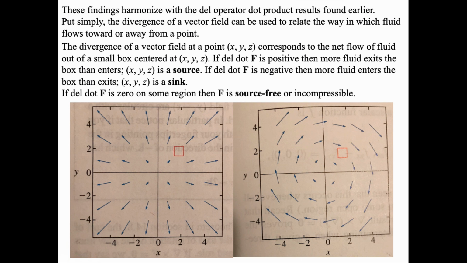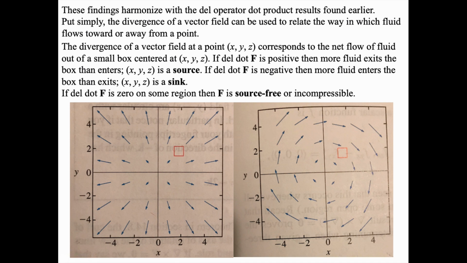And if del dot f is positive, more fluid is exiting than is entering, and that's said to be a source. If del dot f is negative, then more fluid enters the box than exits. That's called a sink. Those are perhaps some terms you're familiar with from your science classes, and you can actually think of a literal sink as water pours down the drain, so to speak.